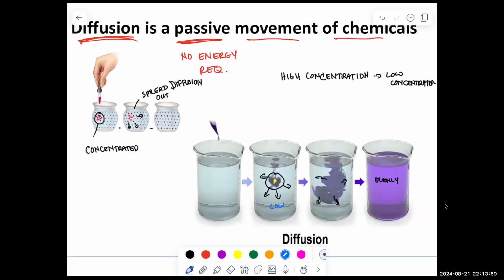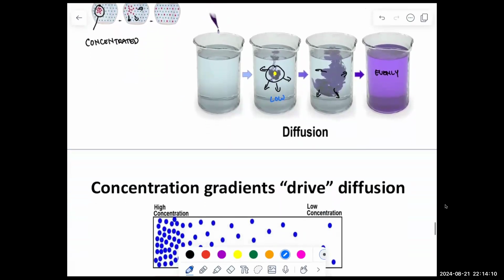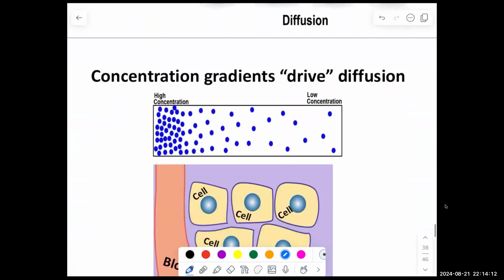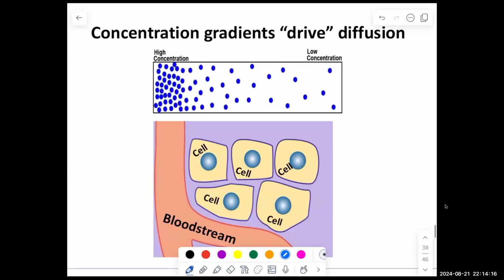There's no dye there. So it's going to distribute from areas of high concentration to areas of low concentration. This is how your body will move things throughout, like oxygen, because concentration gradients will drive diffusion. Again, from areas of high concentration to areas of low concentration. This is diffusion.